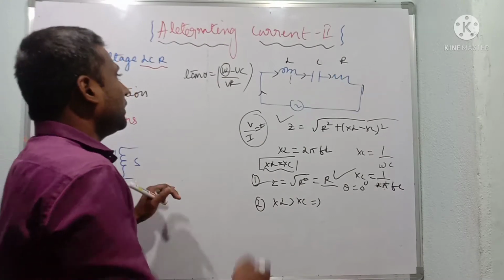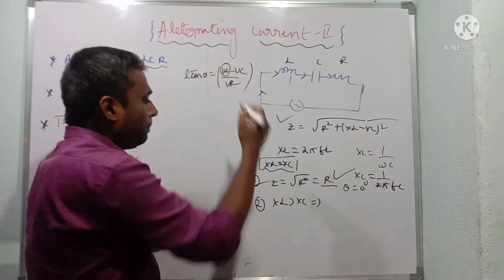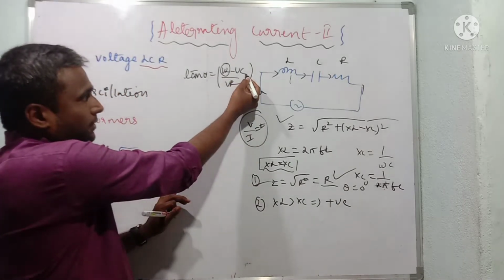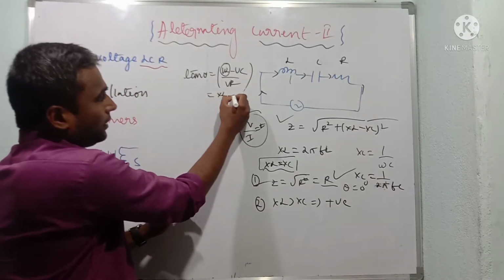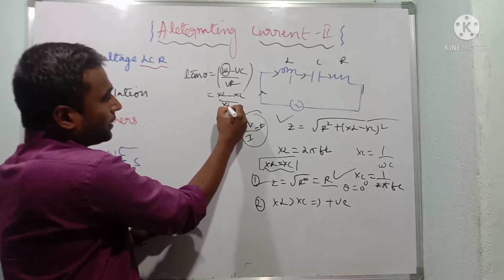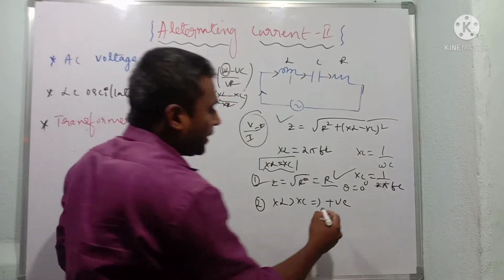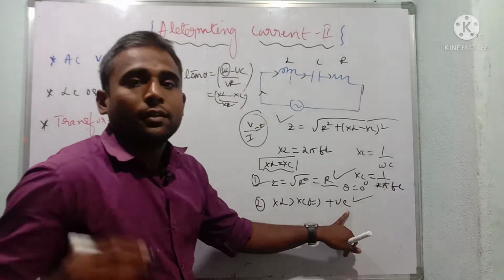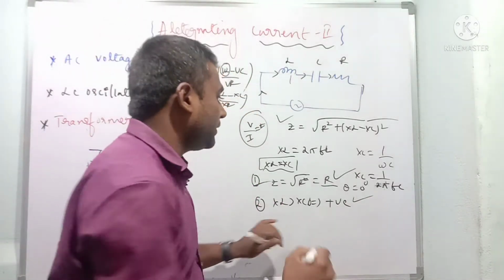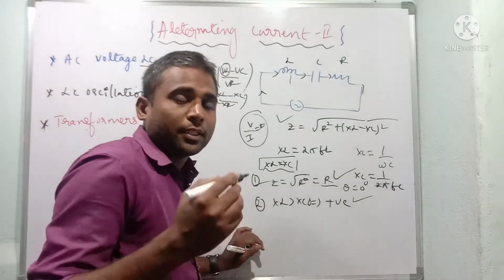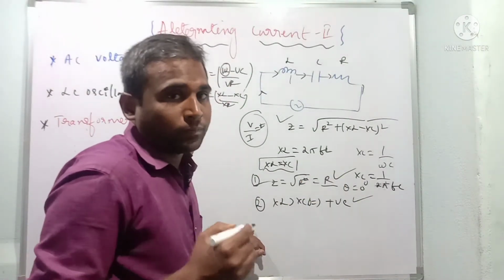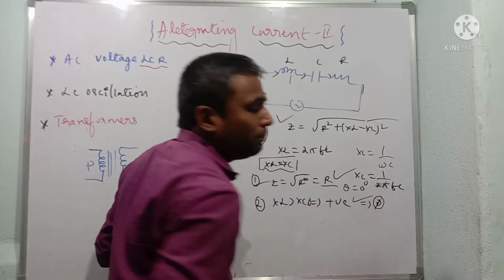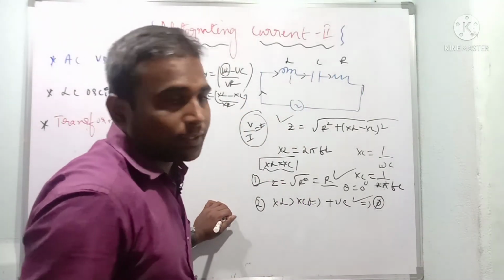Now by using this, phi becomes positive when XL is greater than XC. We can write it as (XL minus XC) divided by R. Then tan phi is positive. It is called an inductance-dominated circuit, and the voltage leads the current by a certain angle phi, up to 90 degrees.